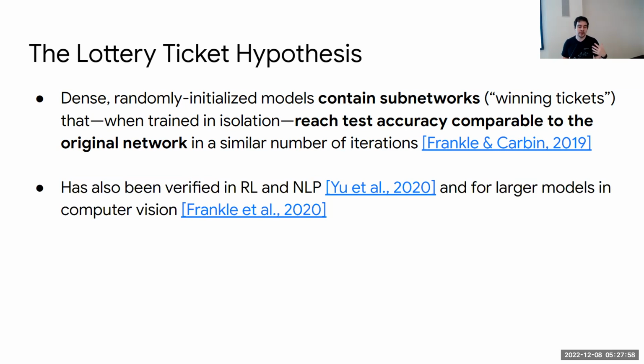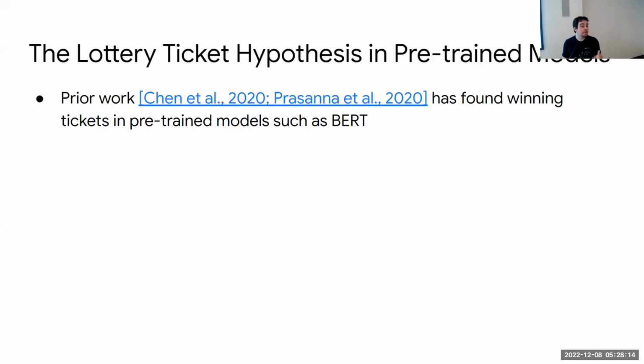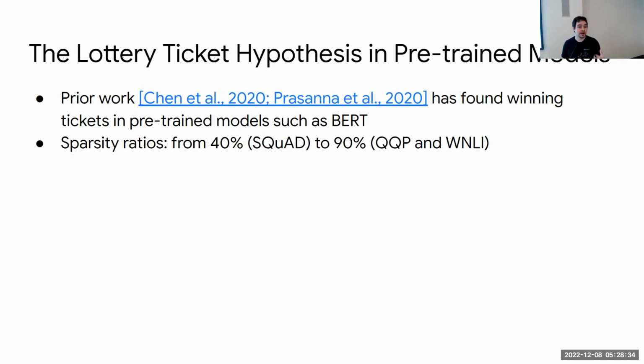And this hypothesis or observation has since been validated for other settings. It has been applied in reinforcement learning as well as in NLP, and for larger models in computer vision. And recently, people have also looked at whether the same holds for pre-trained models like BERT. People have indeed found that if you take BERT pre-trained representations, use the same pruning method I specified before of iterative magnitude pruning, and only then train the subnetworks in isolation, you get subnetworks that can almost match the regular fine-tuning accuracy.